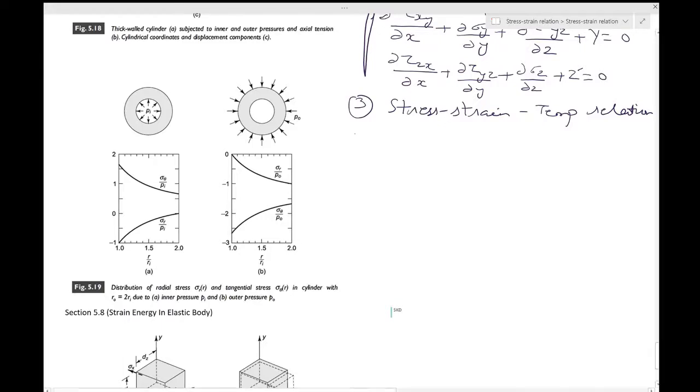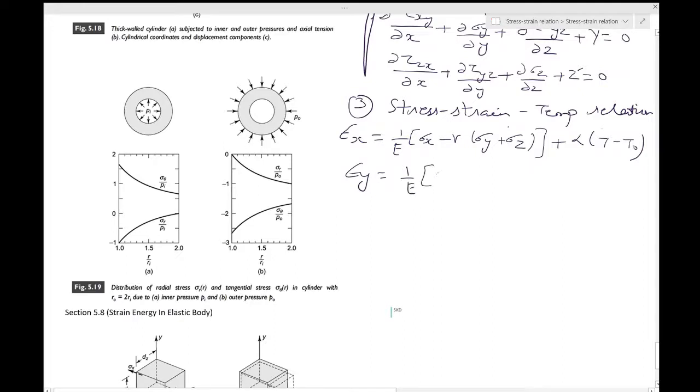Okay, so we had found the Hooke's law, the generalized Hooke's law, remember? This was epsilon x equals 1 by E times sigma x minus nu times sigma y plus sigma z, plus alpha of T minus T naught. So we superimpose the strains due to the mechanical loads and the thermal loads. The reason we could superimpose them is because both the strains were small.